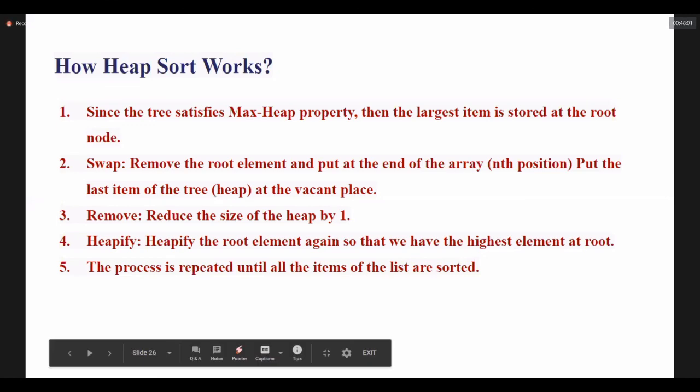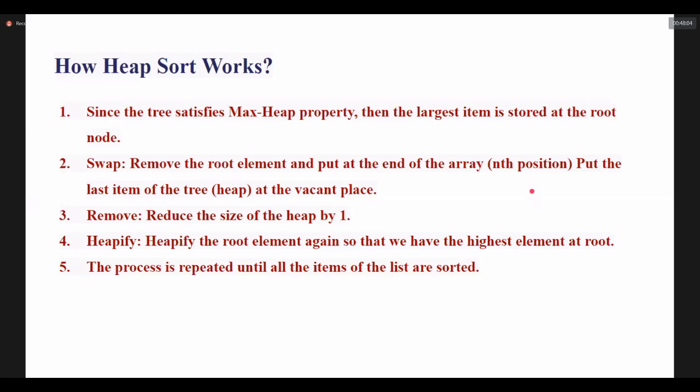The step contains the following steps. This for loop does not continue after i equal to 0.